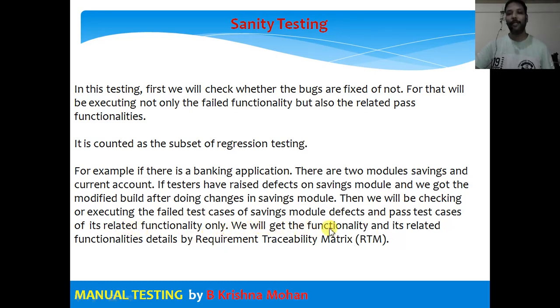We get the functionality and its related functionalities from the RTM, or requirement traceability matrix. In the requirement traceability matrix, we have the requirement ID and the related requirement IDs also, and from there we can get which test cases to execute in sanity testing.